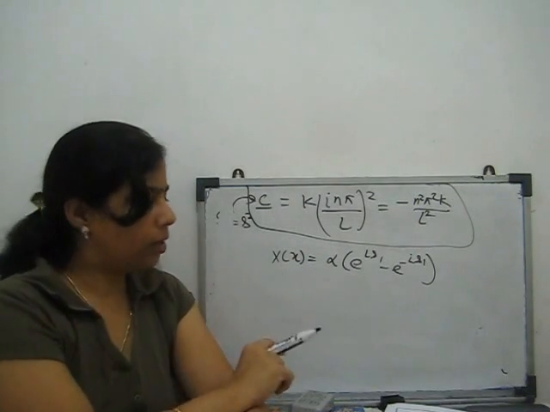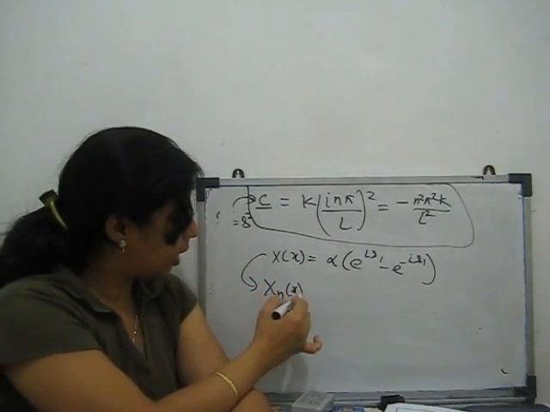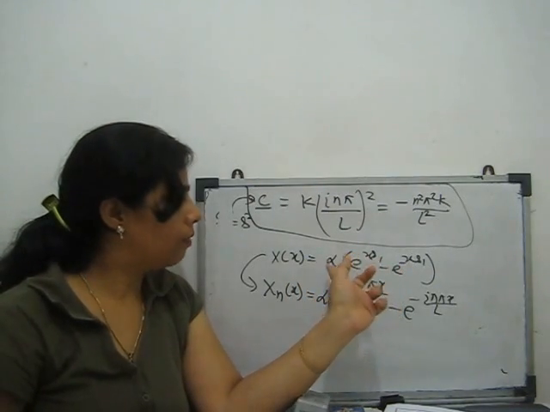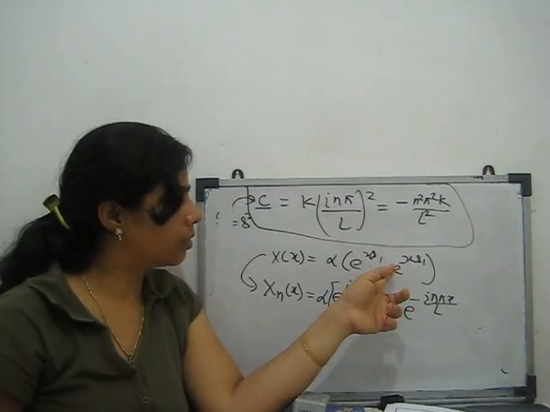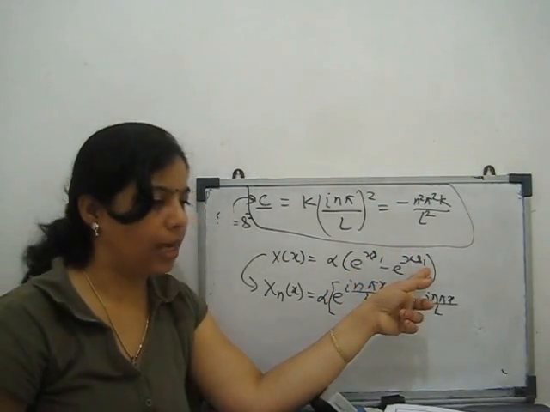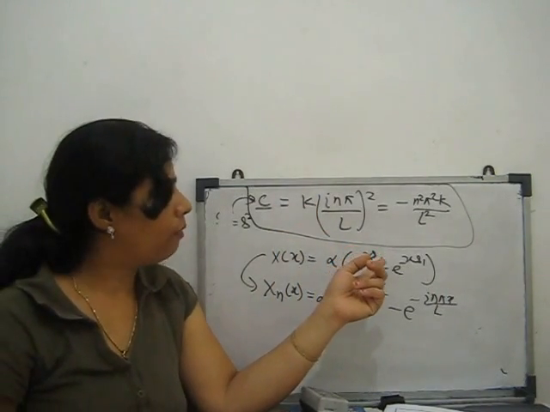So our equation reduces, in nth form, to X_n(x) equals alpha e to the power S1 x minus e to the power minus S1 x. What is the value of S1?